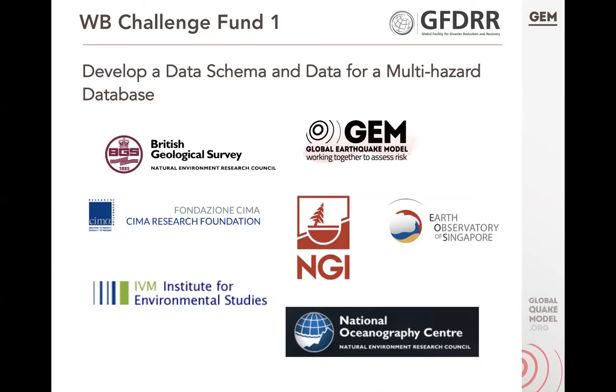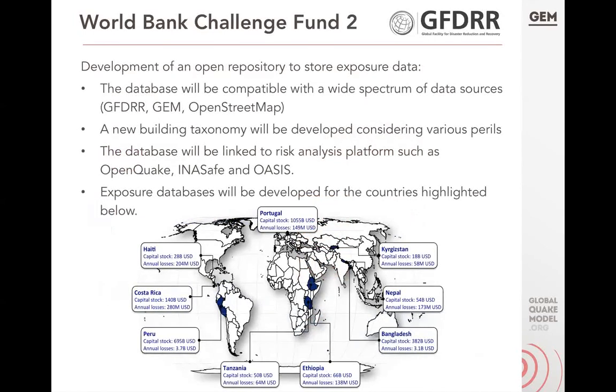The idea was to develop similar data sets and methodologies to see if what is already available for earthquakes can be used for other hazards as well. This includes development of an open repository to store exposure data for countries around the world, and similar work to develop a building taxonomy that can cover different kinds of perils. We have a GEM taxonomy that works very well for earthquakes, but now the idea is to extend that to other perils.